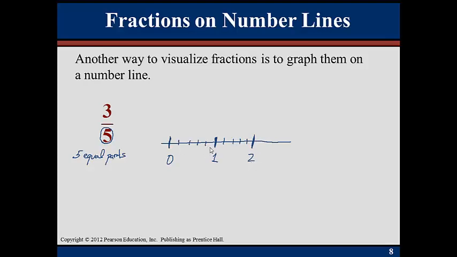So 5 equal parts in each whole. Then you're going to place a point wherever the numerator is. So the numerator says 3. So 3 parts are being considered. So starting at 0, count over 3. And that's where you put your point.